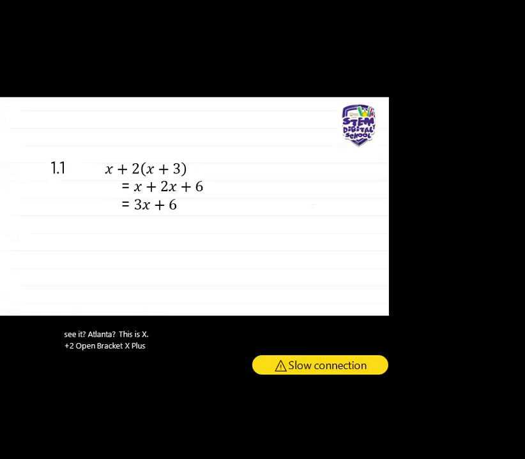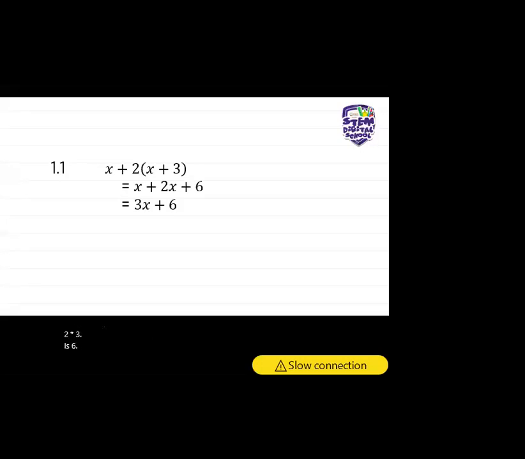And then you close your bracket. And the way you go about it is you firstly have to break the bracket. Then the bracket, of course, will be 2x plus 6. 2 times x is 2x, and then 2 times 3 is 6.